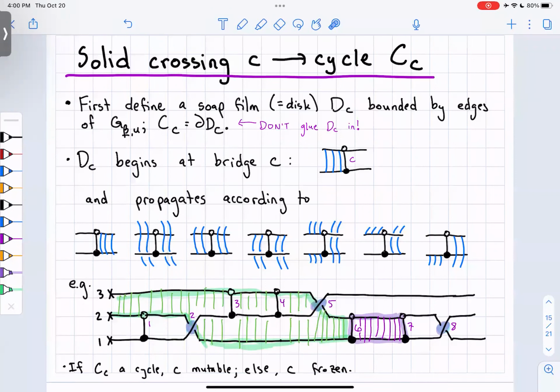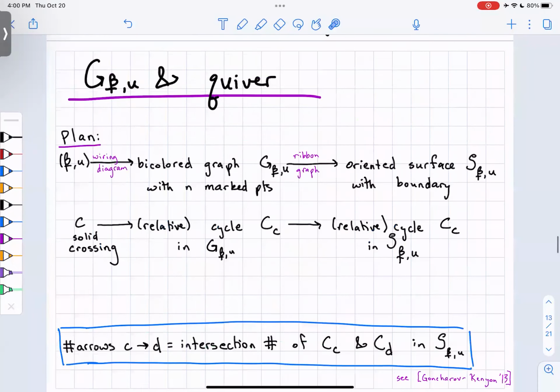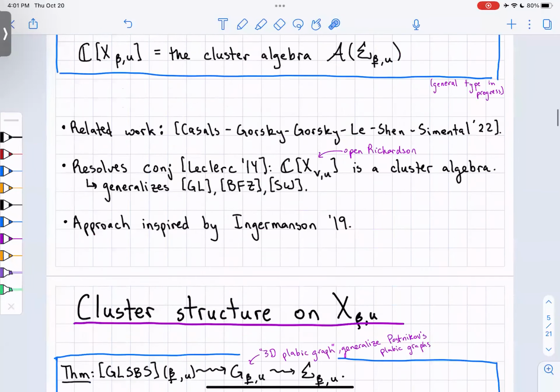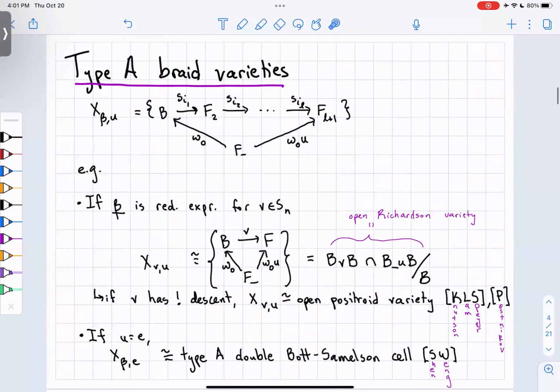Could you say something about the partial flag variety testing? Oh yeah, all I can really say is sometimes your open Richardson variety is a subset of the complete flag variety, but sometimes you get lucky and it actually projects isomorphically to a partial flag variety.